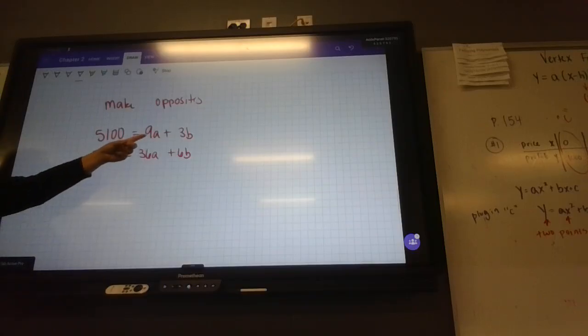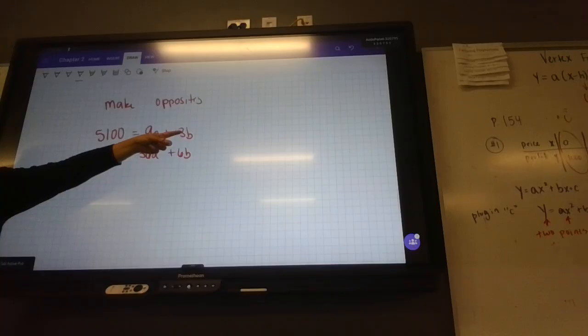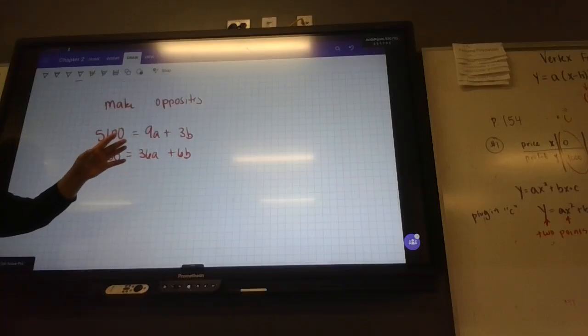So I could multiply this one by -4, and that would be -36. I could multiply this one by -2, and that would be -6. I could divide this by 2 and make that 3. All of those are correct things to do.